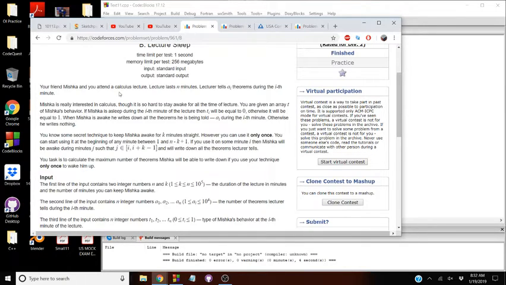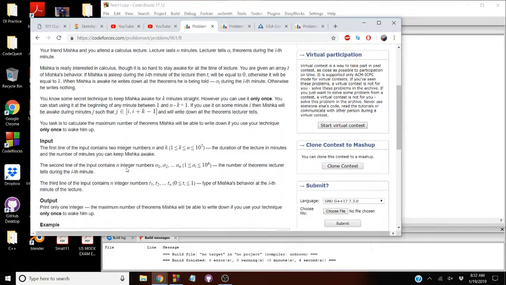You can start using it at the beginning of any minute between 1 and n minus k plus 1. If you use it on some minute i, then he will be awake during minute j from j equals i to i plus k minus 1, and write down all the theorems the lecturer tells. Your task is to calculate the maximum number of theorems he will be able to write down if you use your technique only once to wake him up.